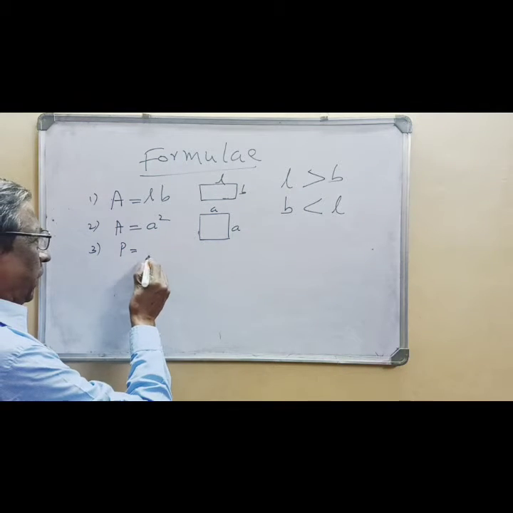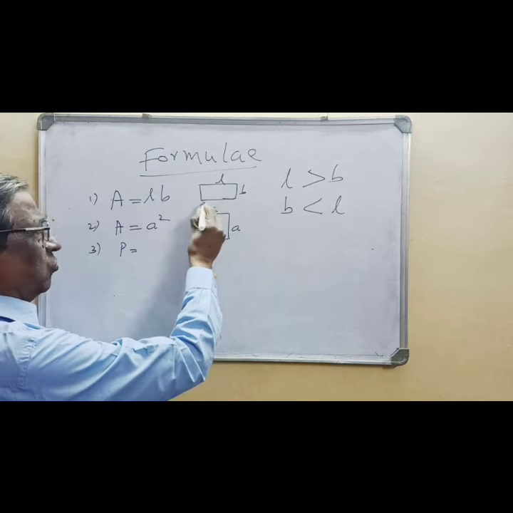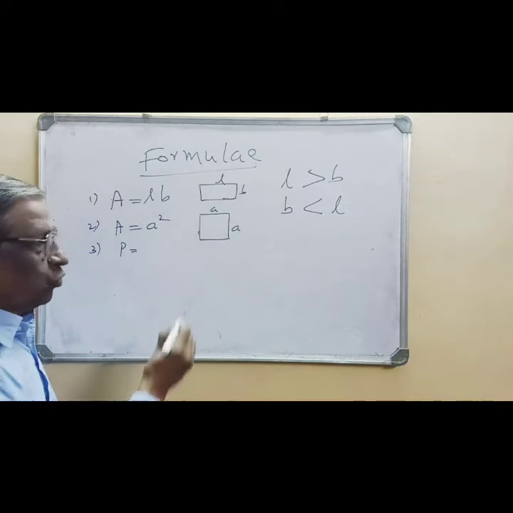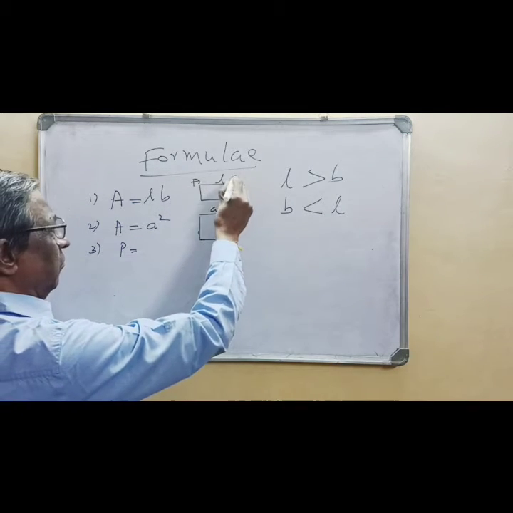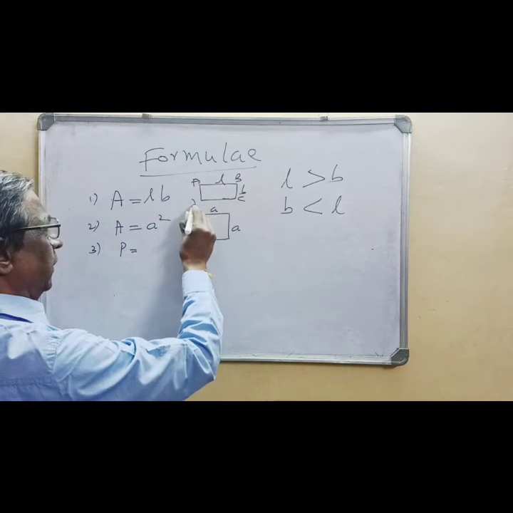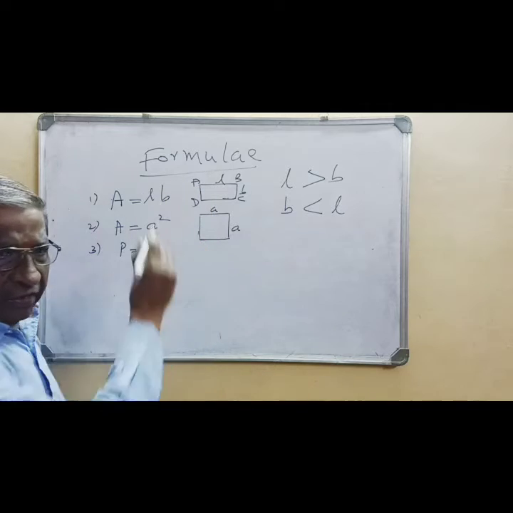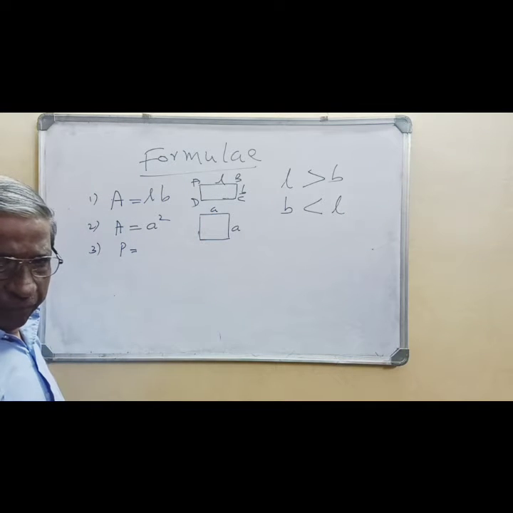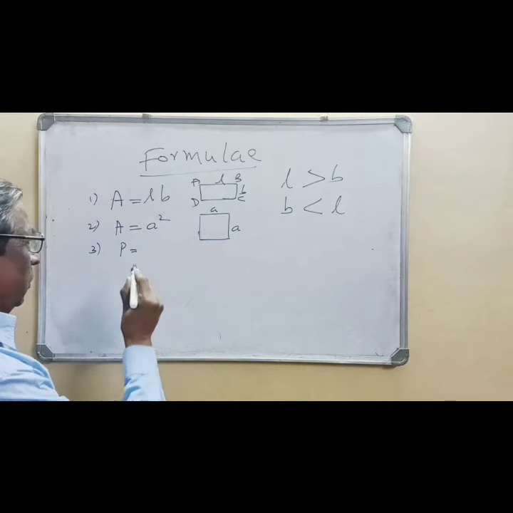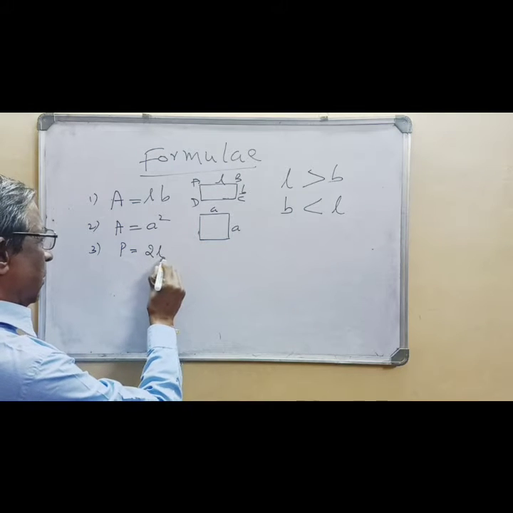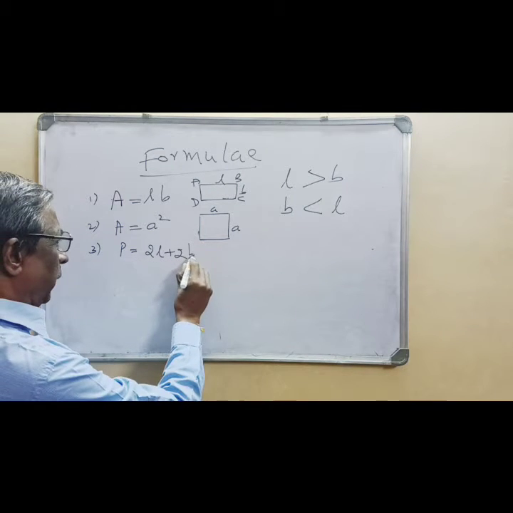If you talk of perimeter, you should start with A, B, C, D, then AB plus BC plus CD plus DA. This is perimeter. So it is 2L plus 2B.